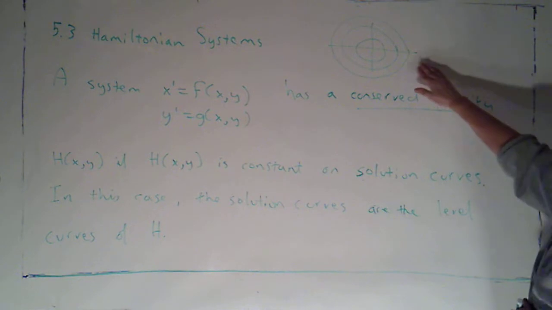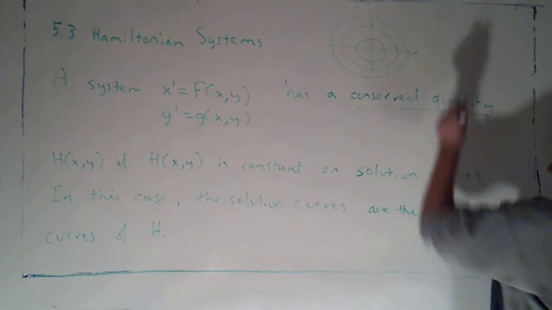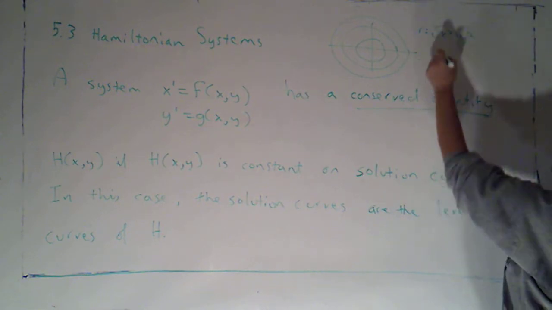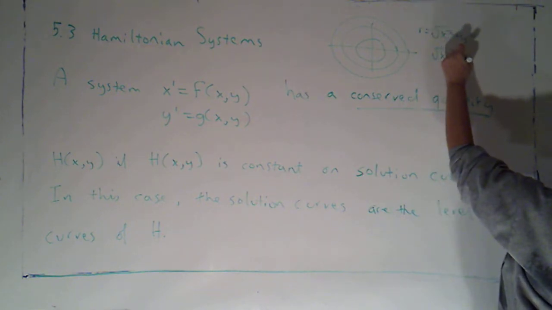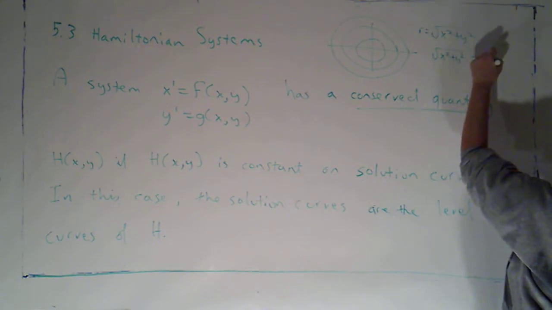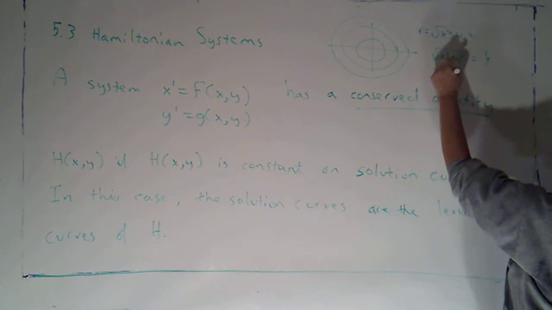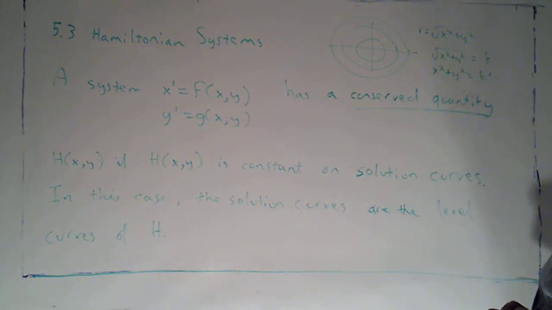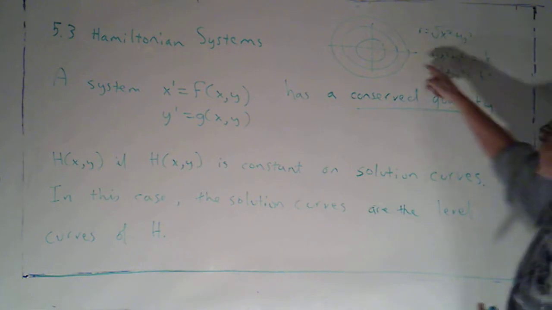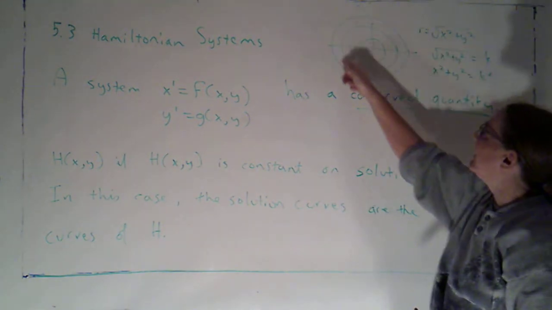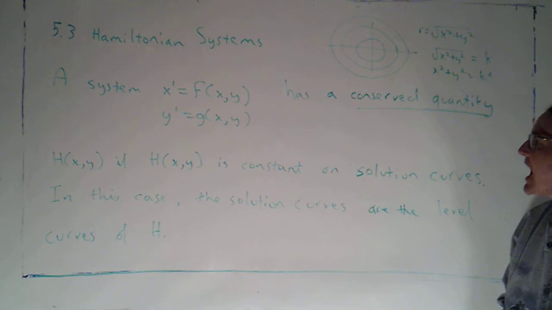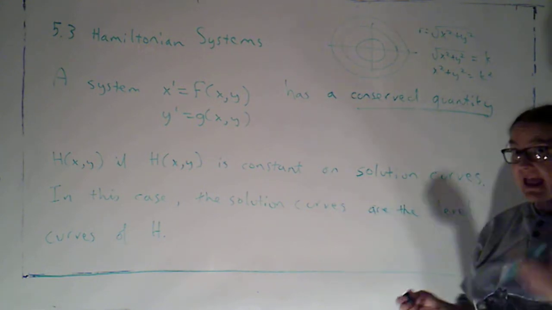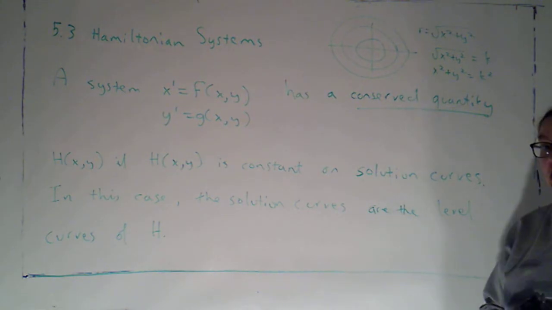In this case, notice what we said was conserved was the radius, which is just the square root of x squared plus y squared. The level curves for that would be the square root of x squared plus y squared equals some constant. I could square both sides. x squared plus y squared equals k squared. Either version works. That's going to define for me circles. Okay. So that's what a conserved quantity is and how it can help us in finding solution curves.